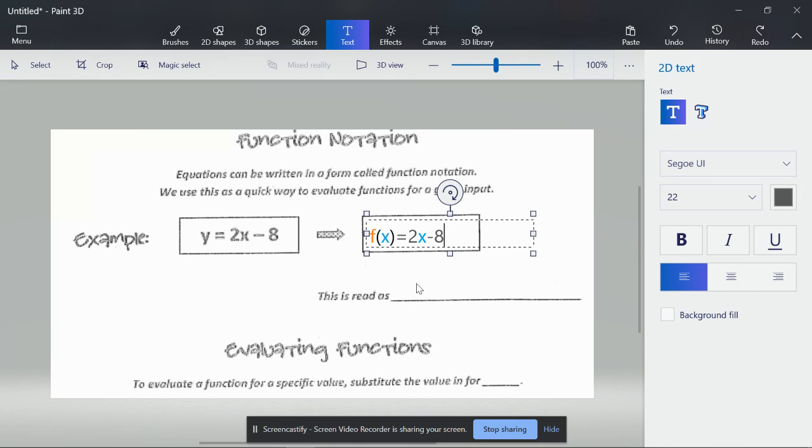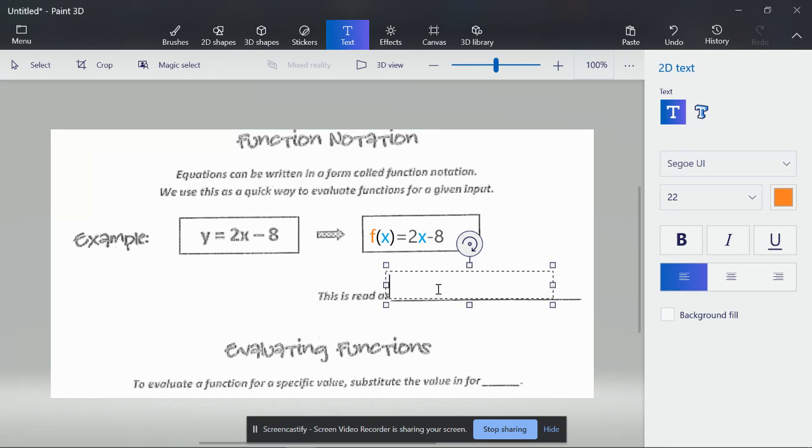And then the way that we read this out loud is, when we have our normal equations that we're used to, we say y equals 2x minus 8. But this is a little weird because you'd say f parenthesis x parenthesis, so there's an easier way to say it.